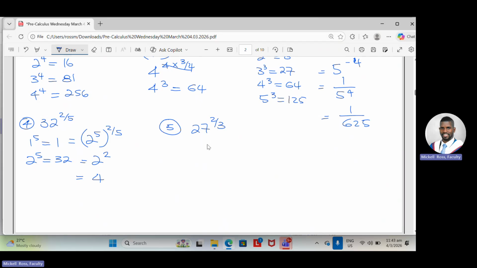We know that that is 3 because we checked it over here. So 3 cubed is equal to 27, to the 2/3. The 3 will cancel with the 3, so you're left with 3 squared. And that's 3 times 3, which is going to give us 9.